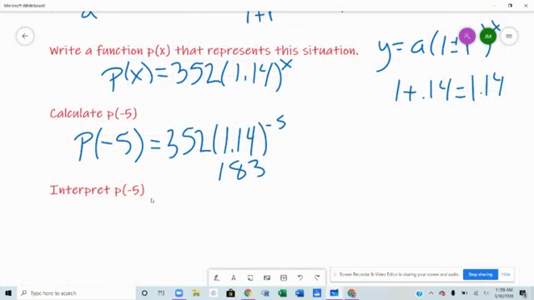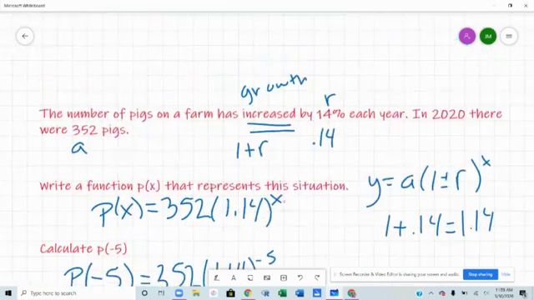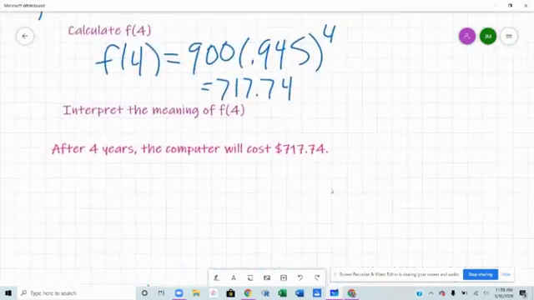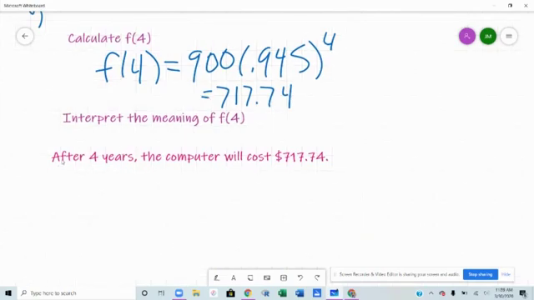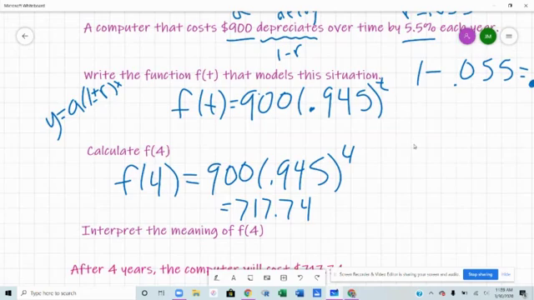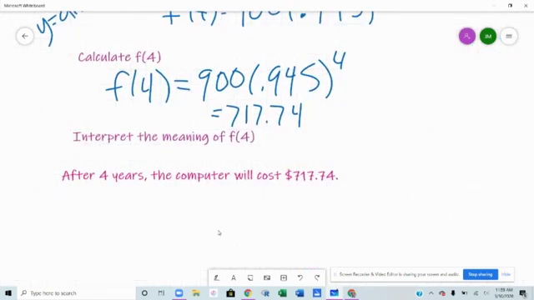Now it says to interpret p of -5. I'm going to take you back up here where we interpreted the other problem. F of 4 said after 4 years, and then this represents the computer cost. So after 4 years, that's how much it costs.